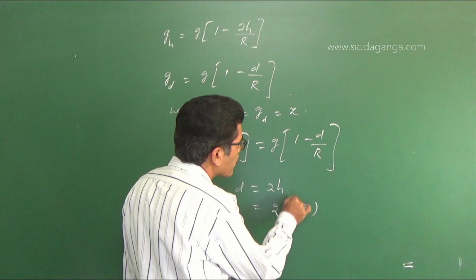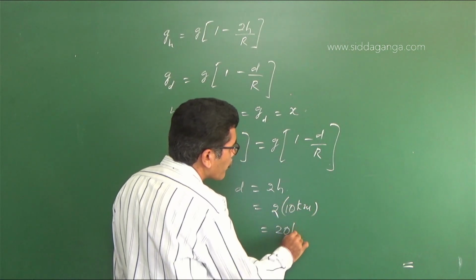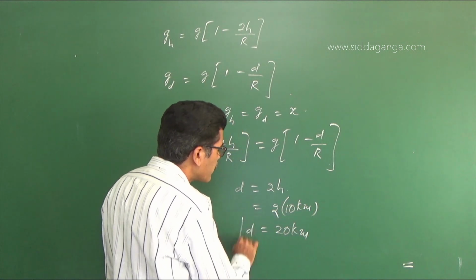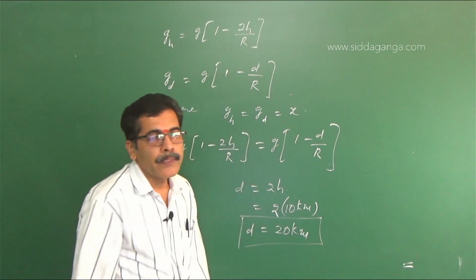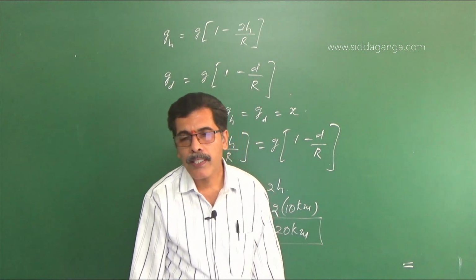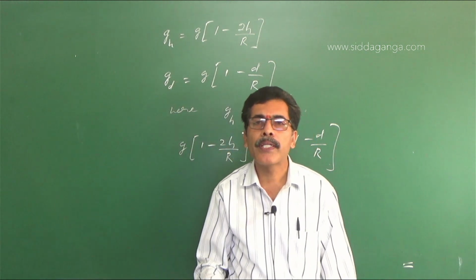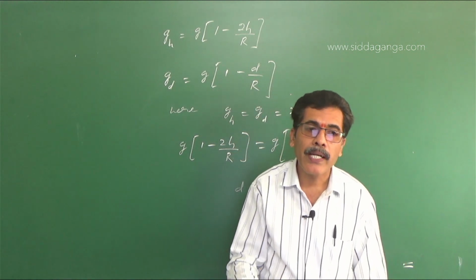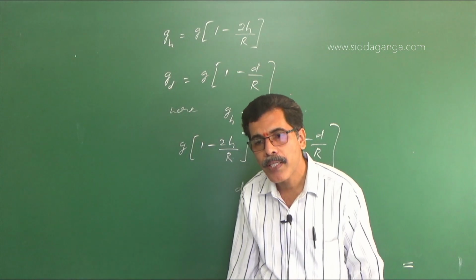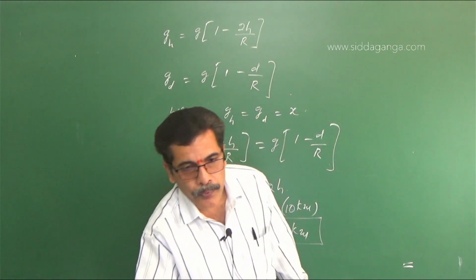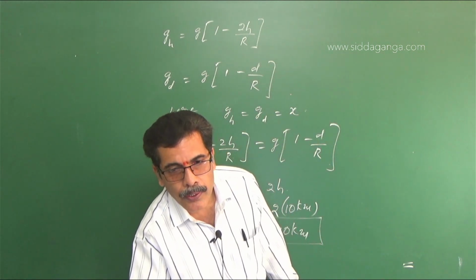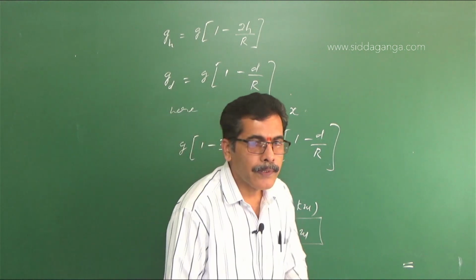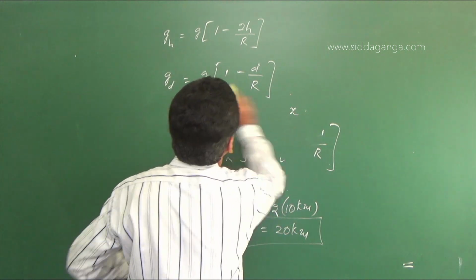So 2 into 10, therefore 20 kilometer. This tells you that at a depth of 20 kilometer, the acceleration due to gravity has the same value as the acceleration due to gravity at a height of 10 kilometer from the surface. Now we shall consider the next question.